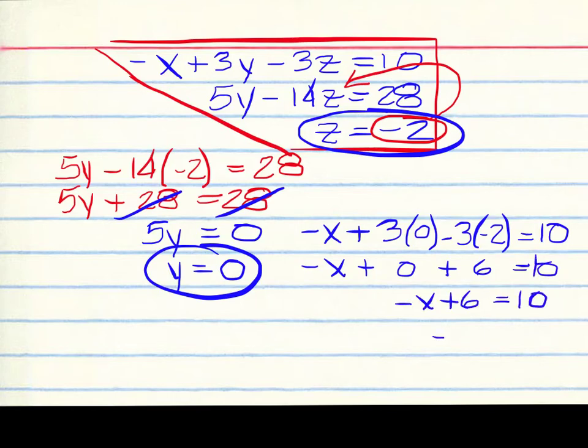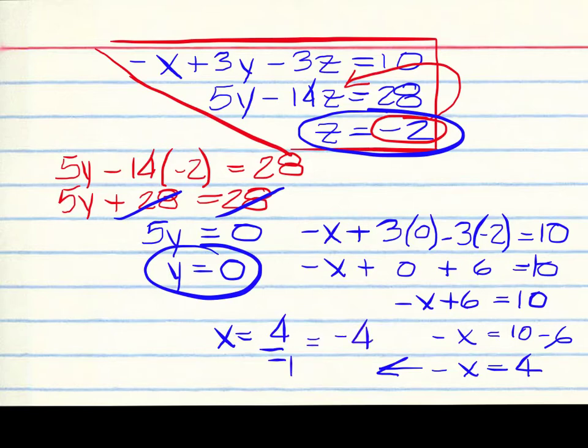And you'll move that 6 to the right, change the sign, and get a 4. But since you have a negative x, you have to divide the 4 by negative 1 and come up with an answer of negative 4. So altogether, the x value is negative 4, the y is 0, and the z is negative 2.